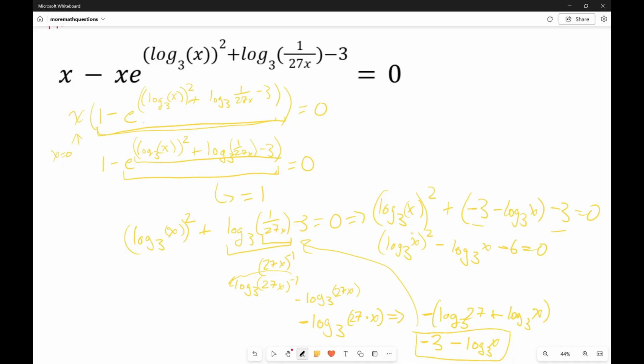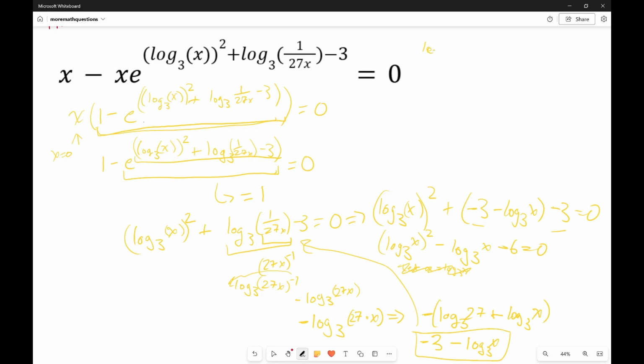Now, what we can do is set up a variable to make this into a quadratic so that we can solve, and then substitute back in log base 3 of x. For example, let a equal log base 3 of x. Let's write it right here.